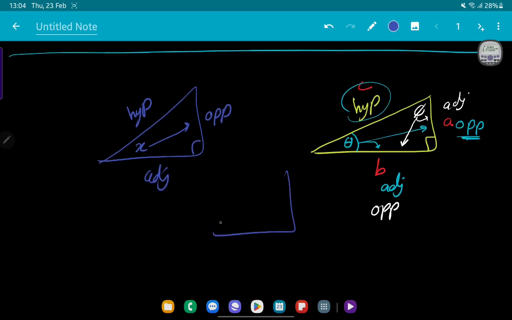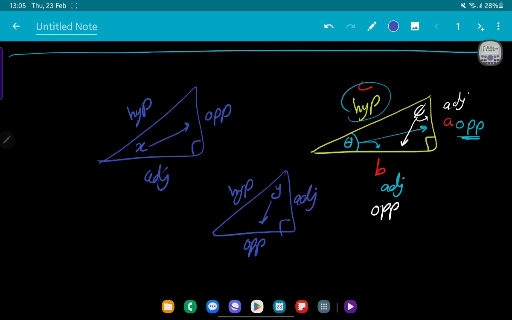A different one, this angle is y, and this is the hypotenuse, so this is opposite, and this is adjacent.